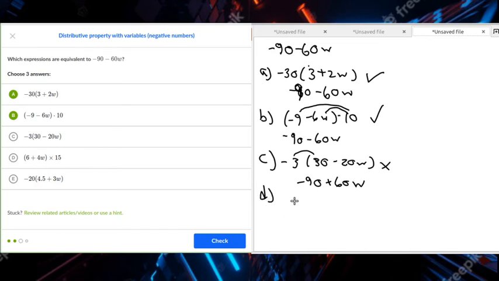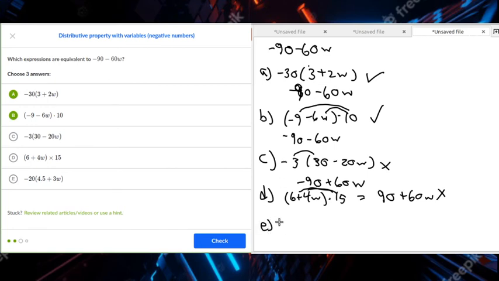D is 6 plus 4w times 15. So I can distribute. I'm going to run out of space here, so I'm going to do it right here on the right. 6 times 15 is 90, and 4 times 15 is 60. So that one is not right because we have this minus here.